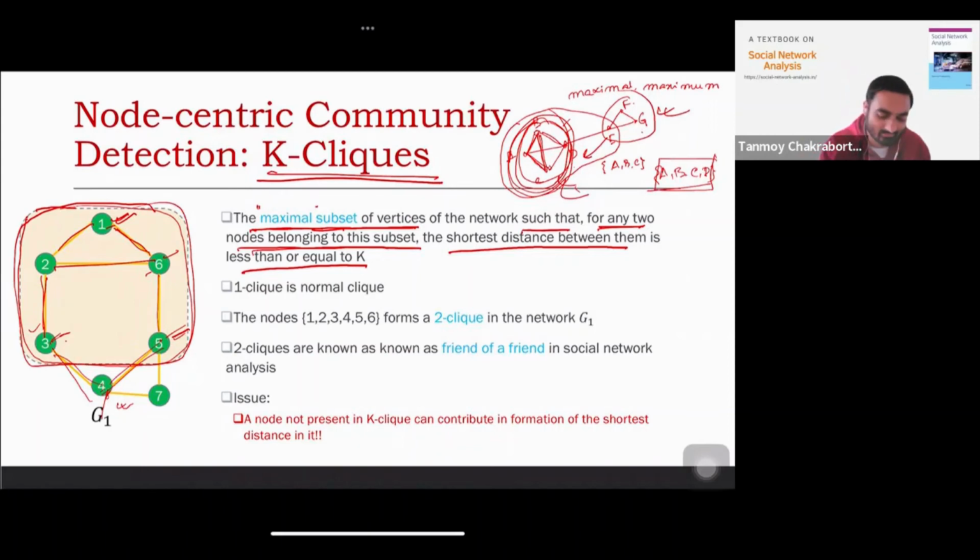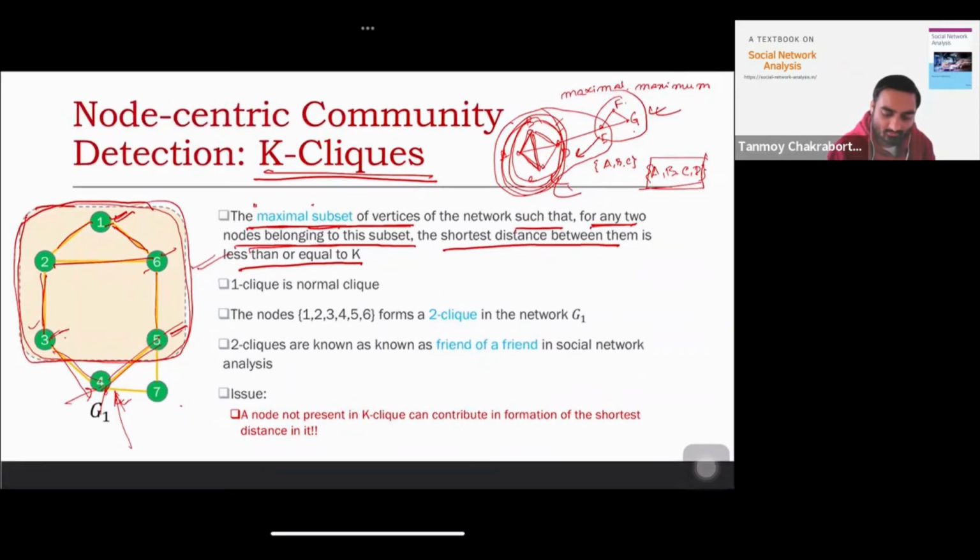So I can consider nodes which are not part of this subset but still contribute towards measuring the shortest path. So this node is not considered in the maximal subset calculation. That's the problem. When you calculate the shortest path, you should consider all nodes which are part of the set, right?